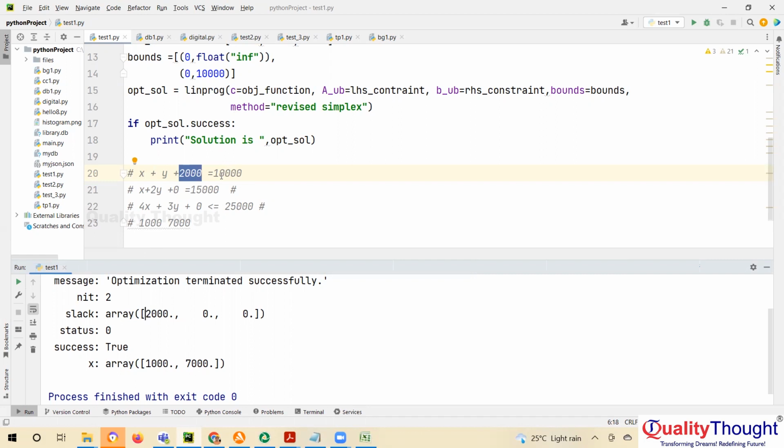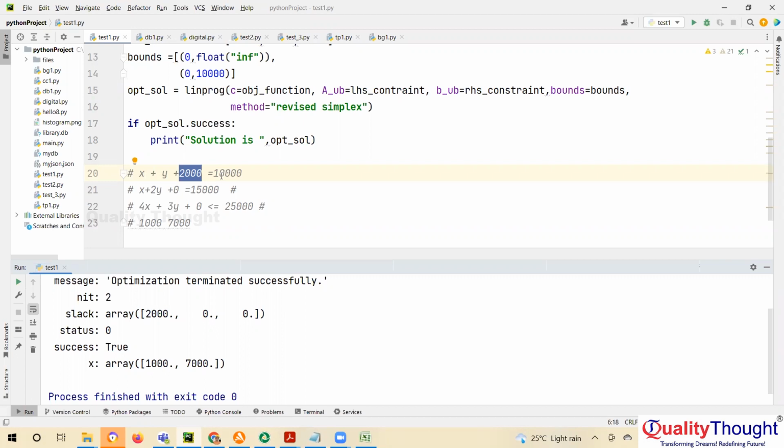Sir, line number 15, that is the syntax for solving the simplex problem, for doing linear programming. It's called linear programming. You have linear programming and non-linear programming. Linear programming is used when the power of x is 1.